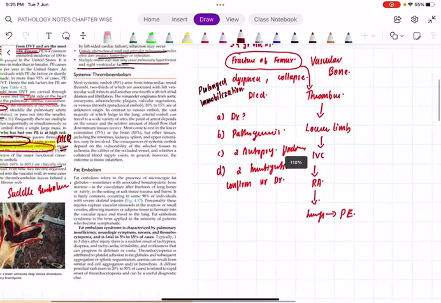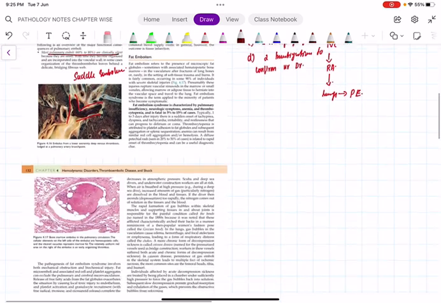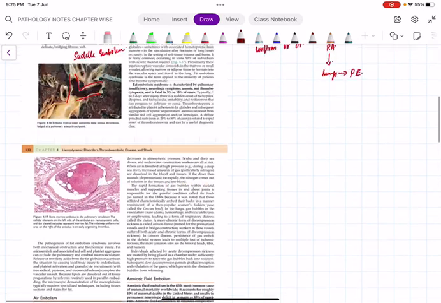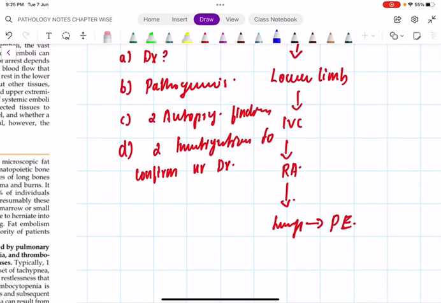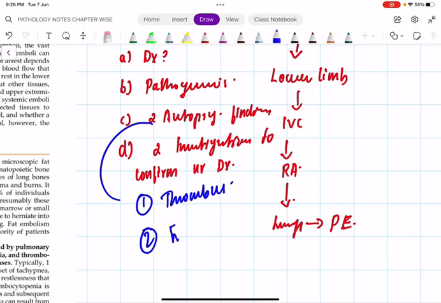Then the 2 autopsy findings. What are the 2 autopsy findings you are going to write? Number 1, you will have a thrombus. You are going to write about the structure of the thrombus. And number 2 is emboli.